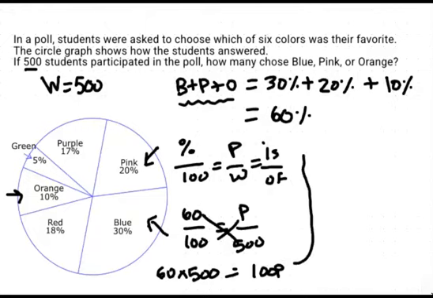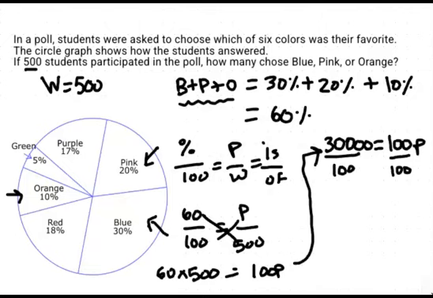And let's go up here and finish this off. 60 times 500, well, 6 times 5 is 30. Then we add a 0 from the 60 and 2 from the 500, so we have 3 zeros. So 30,000 equals 100p. We want to solve for p, so we're going to divide both sides by 100.